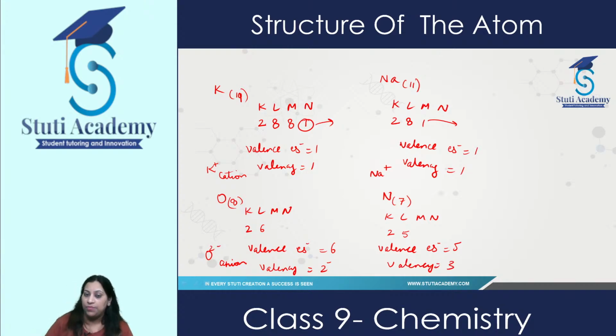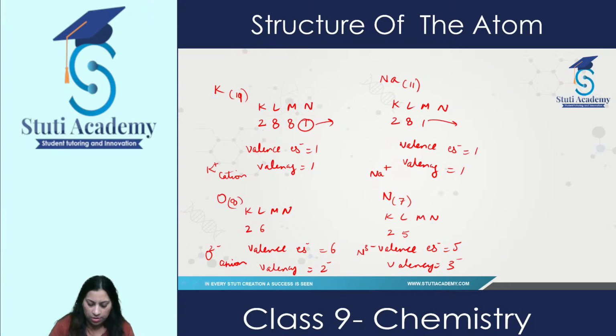Here it is accepting 3 electrons. Understood? So how do these elements exist in nature? If they want to be stable, for their stability, either they lose electrons or gain electrons. According to that losing or gaining of electrons, their valency and the charge present on them are decided. So I hope this is clear to everyone.